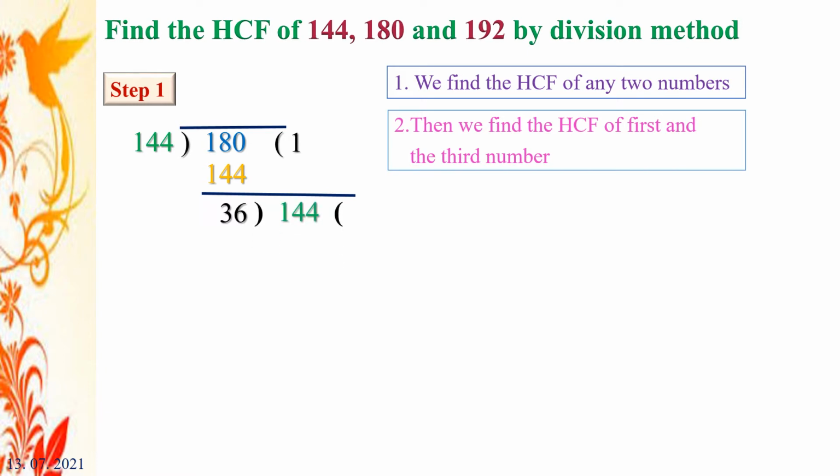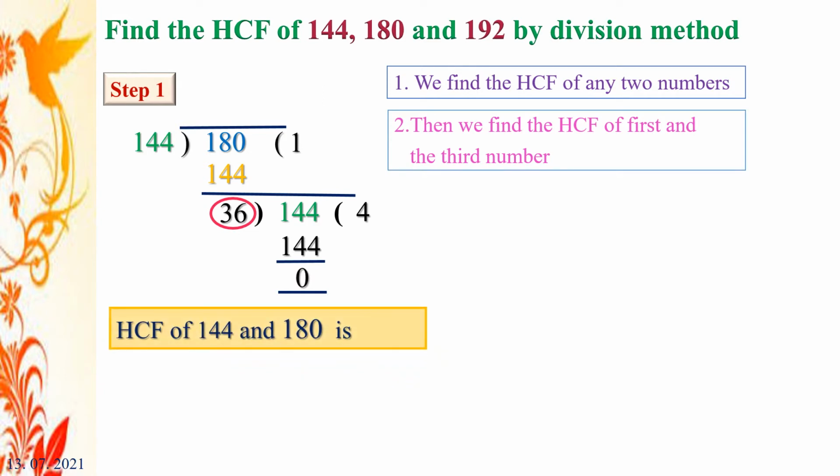So how many times do we have 36 in 144? We have 4 times, that means we get 144. Now subtract, the remainder is 0. So 36 is the HCF of 144 and 180.